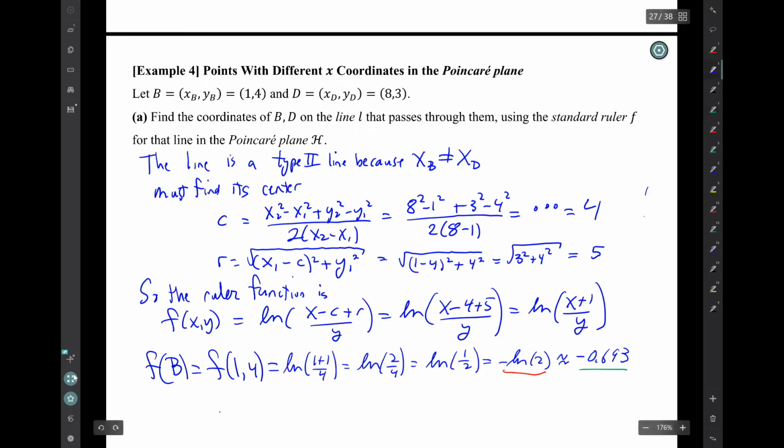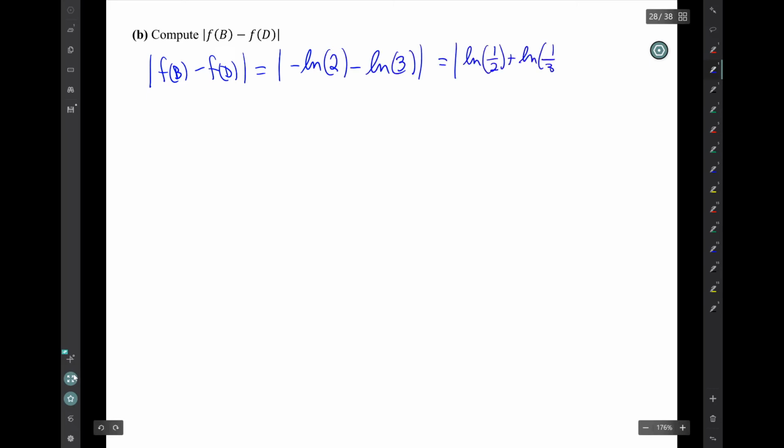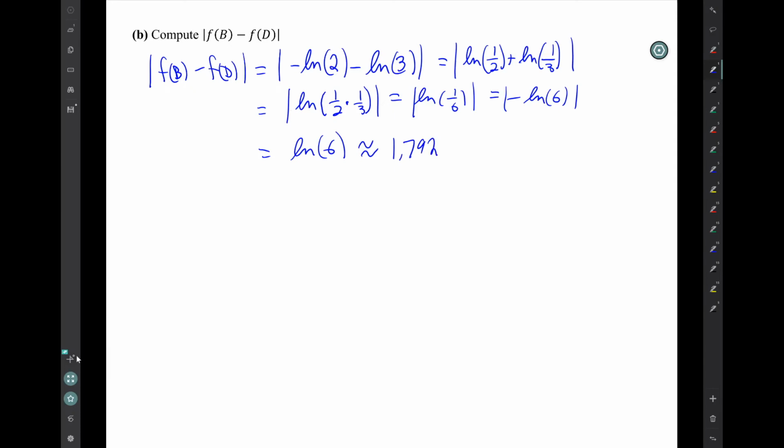The coordinate of D is ln of 3 is the exact answer, and that's approximately 1.099. Now we have to compute the absolute value of the difference. We see that the absolute value of the difference between those two coordinates is the number ln of 6, which is roughly 1.792.